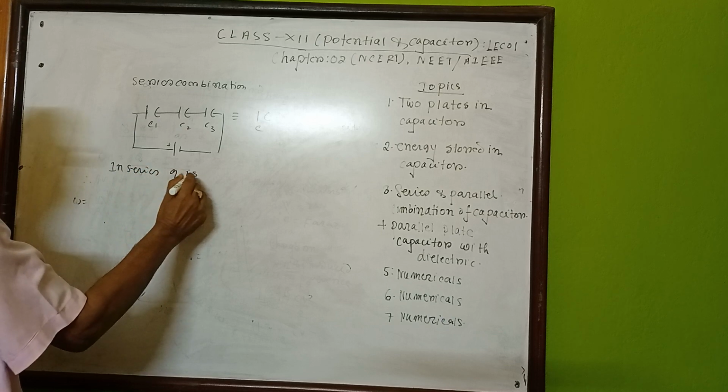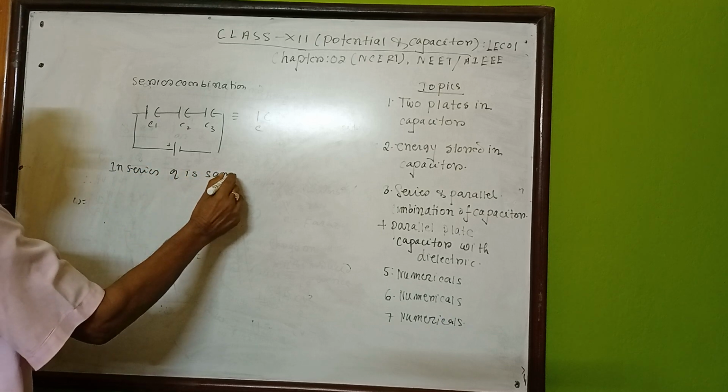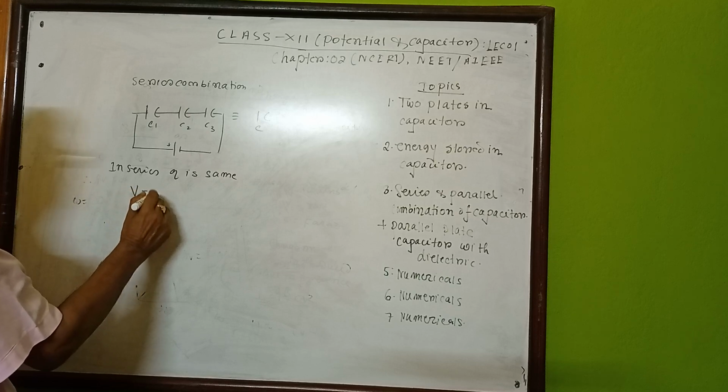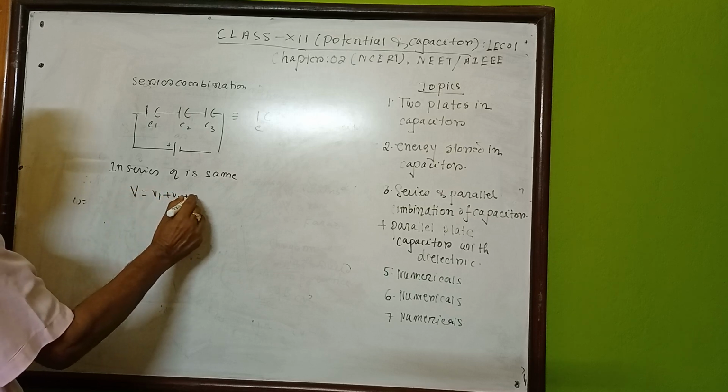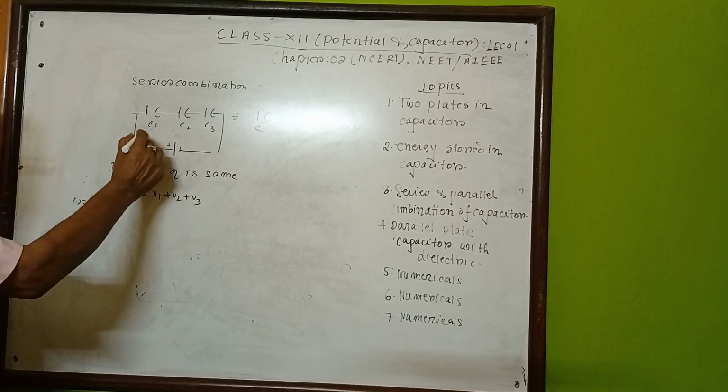In series combination, Q is the same for all capacitors, but the total potential of the battery will be distributed as V1 plus V2 plus V3. That means potential will be different.